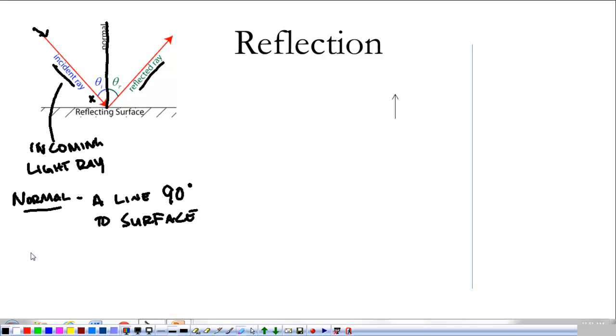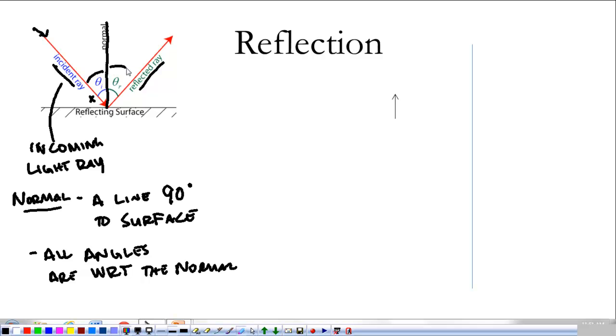So angles are measured with respect to, that's WRT, the normal. So the angle of incidence and the angle of reflection are measured with respect to the normal.